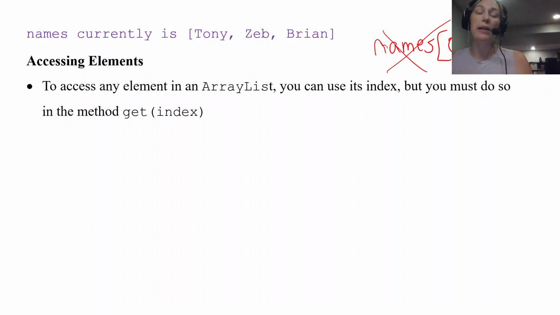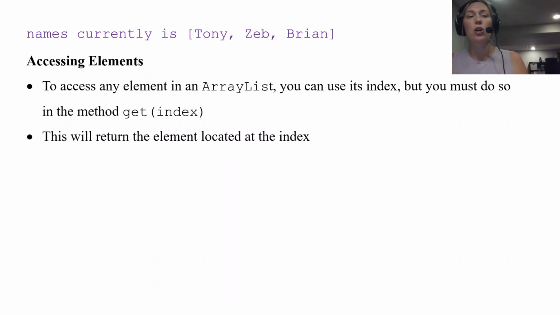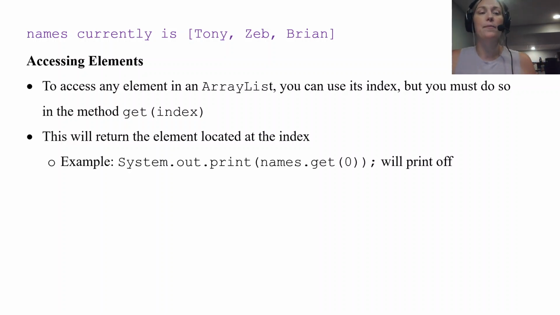We still have to use methods to access elements. When we use the get method with the index in parentheses, it returns the element located at that index. So if I print names.get(0), this says get the element at index 0 and return it to this method call, which would print Tony, since Tony is at index 0.